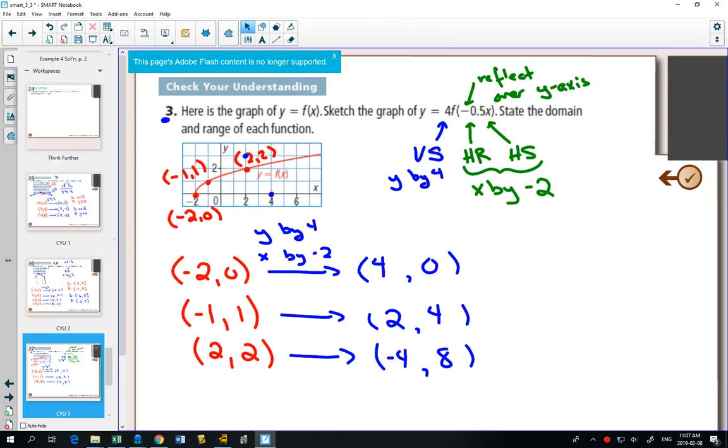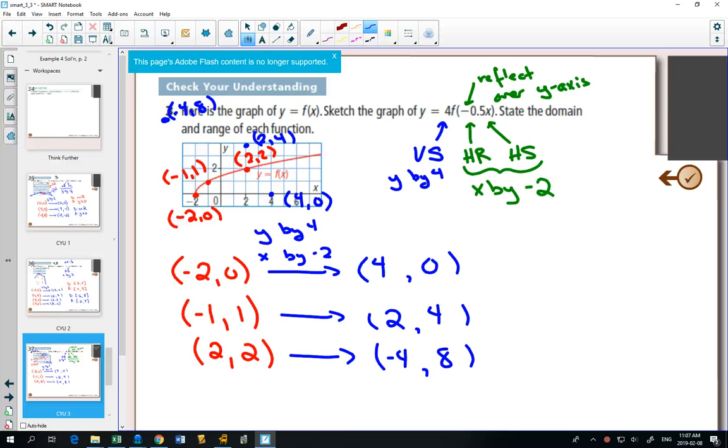Again, I was already thinking about there we go, move it up one. (-2, 4). And we should label these points as well. Sometimes I find that the labeling of the points helps you realize when you might have plotted something wrong. And this one, we're just estimating that this is at (-4, 8).